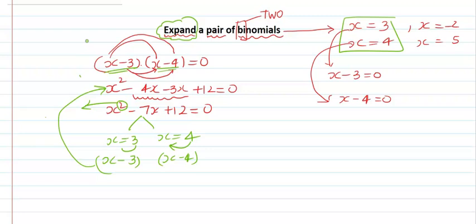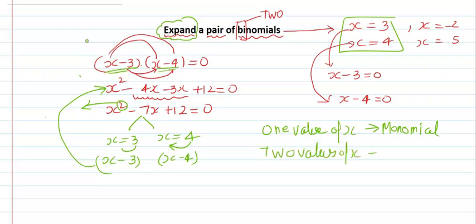When you are getting one value of x, then it is called monomial. When you get two values of x, then it is called binomial. And two or more values of x, then we say polynomial.